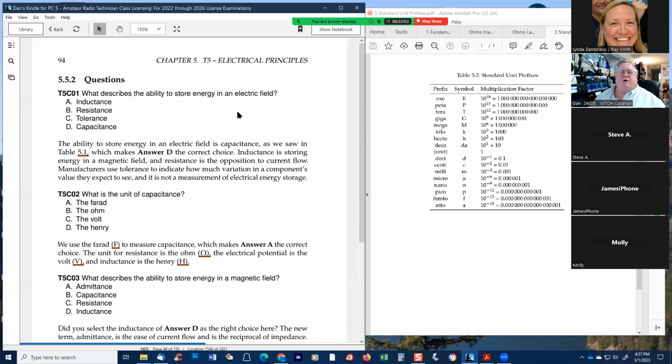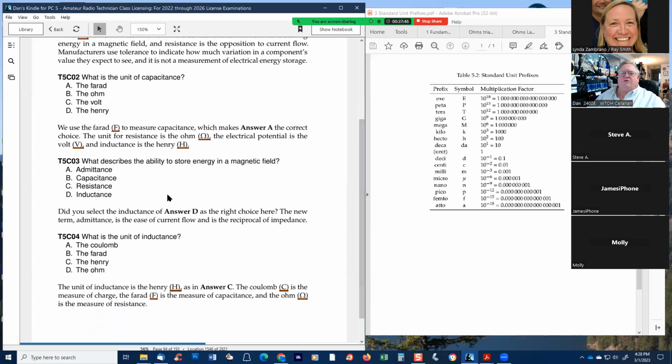An electric field stores it as capacitance. Remember that capacitors in diagrams look like two plates, two lines, a curved line and a straight line. The unit of capacitance is the farad, and inductance is the Henry.